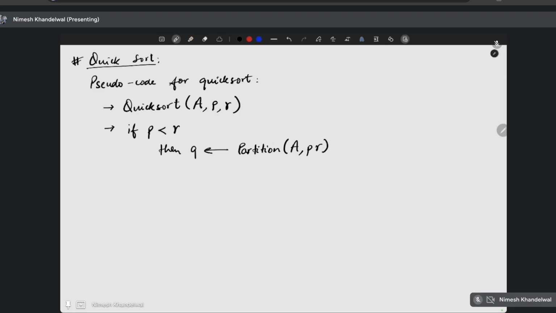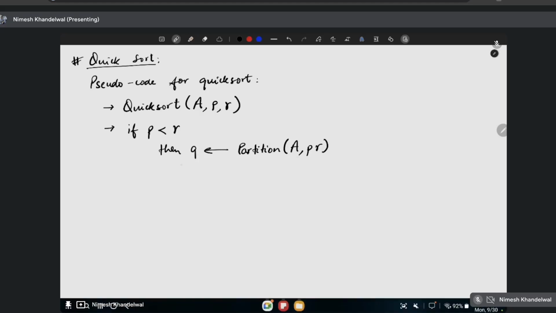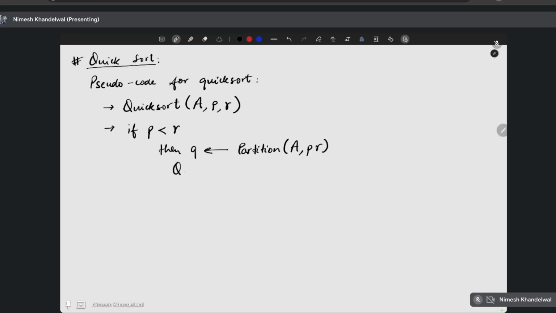We partition it, and then q becomes our pivot element, and then we recursively call quicksort on the two partitions that have formed.